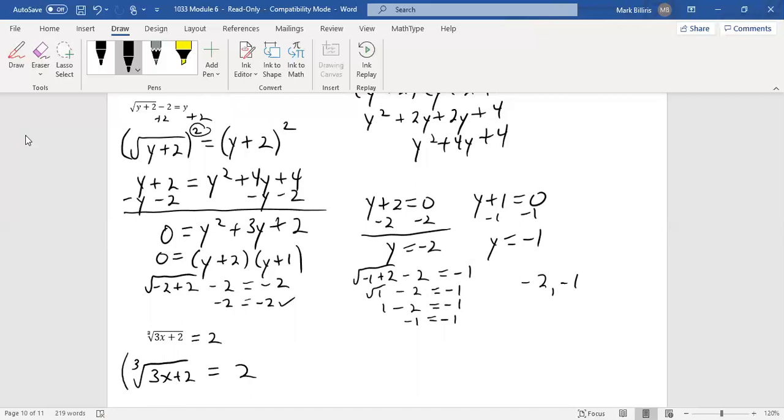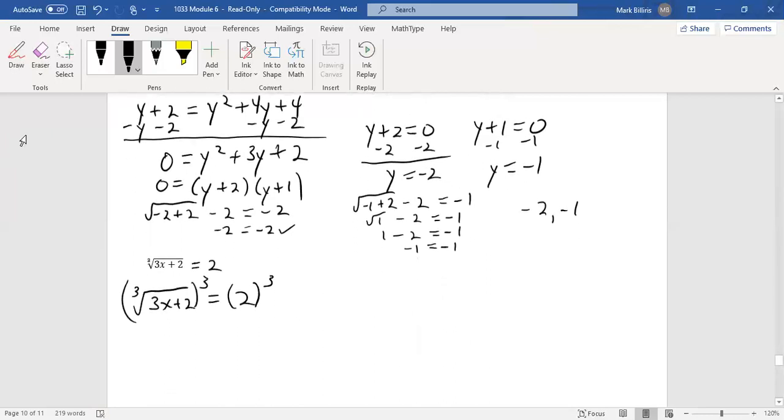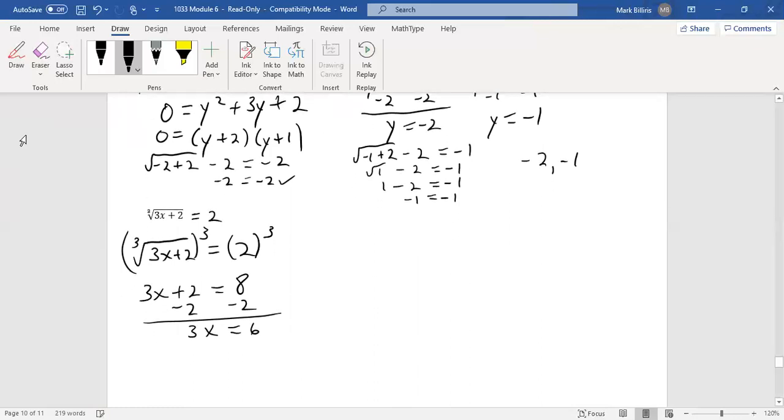If I'm dealing with a cube root, what I'm going to do is cube both sides, or raise them both to the third power. The cube root of a value cubed removes the radical sign. So that gives me 3x plus 2 equals 2 to the third power, which is 8. Now I finish solving. So x would equal 2.